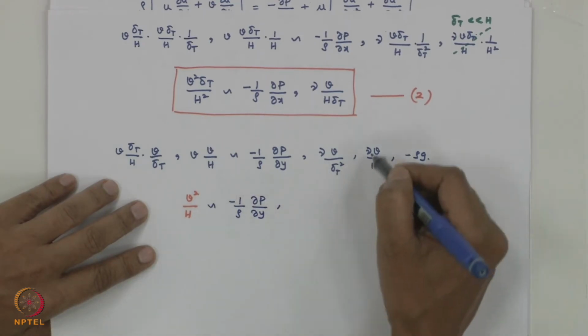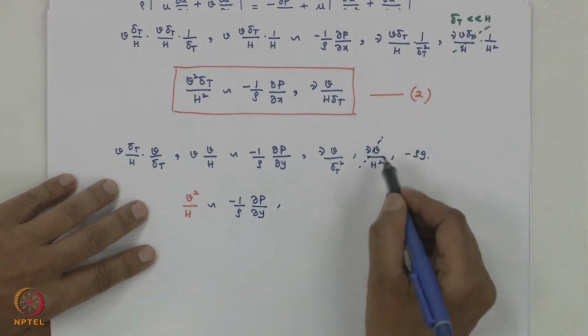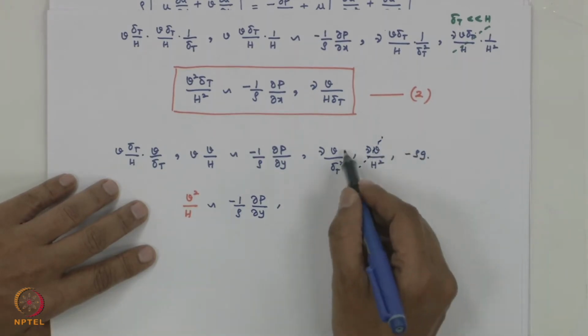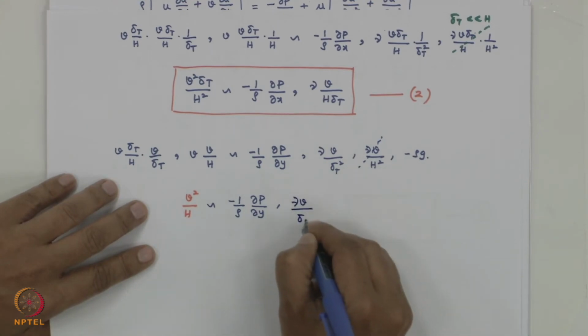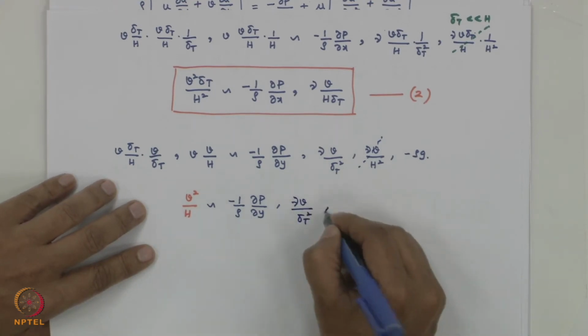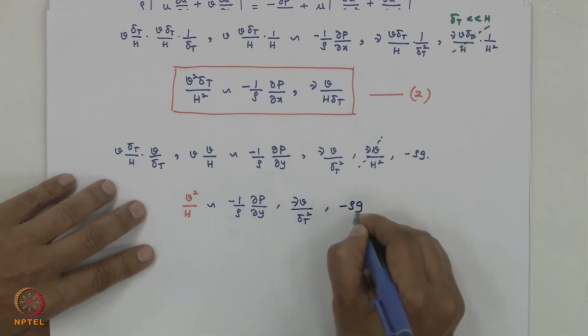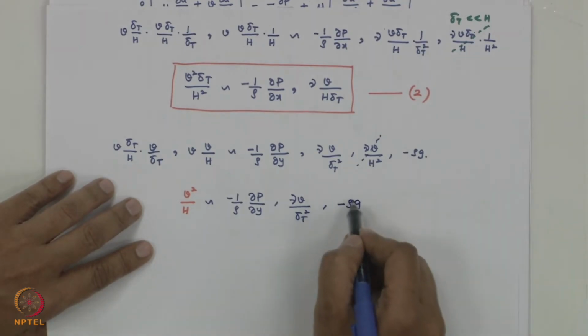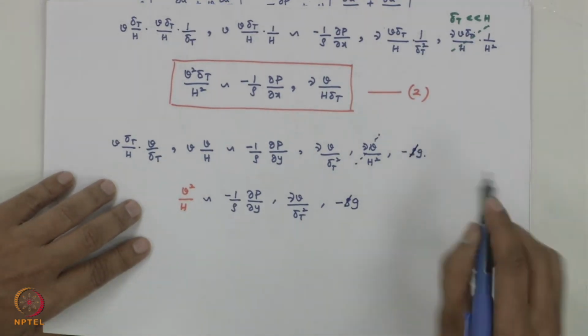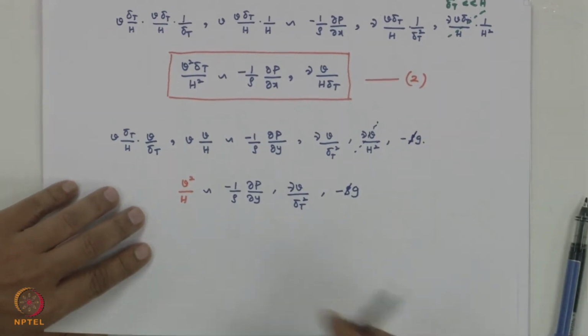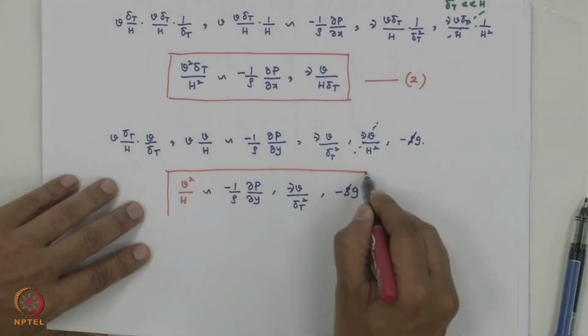Out of these two terms, the one with 1 by h squared can be neglected because 1 by h squared is at any rate lower than 1 by delta t squared. Comma, nu v by delta t squared, comma, minus g. No, rho wouldn't be there because I have divided it by rho. So you get this as equation 3.